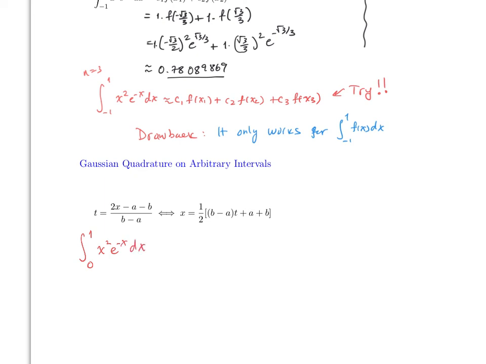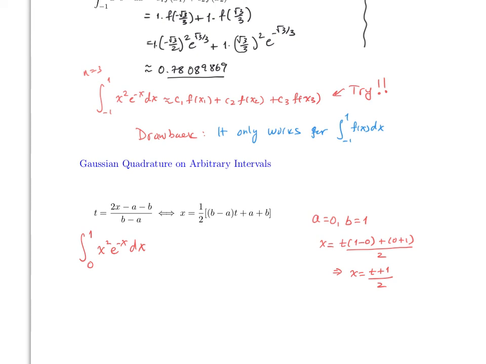We're just changing the limits. Here the value for a is 0, and the value for b is 1. So x is going to be t times 1 minus 0, plus 0 plus 1, everything divided by 2. Which means x is going to be equal to t plus 1 over 2.